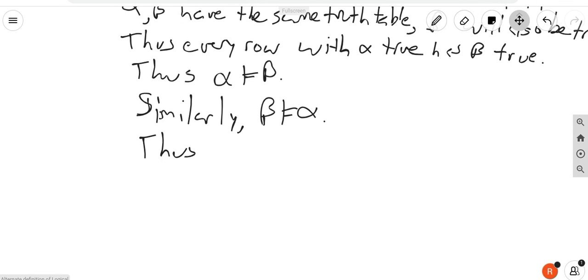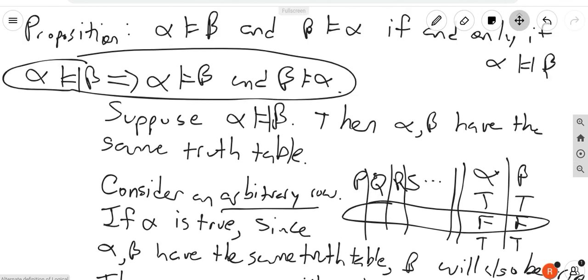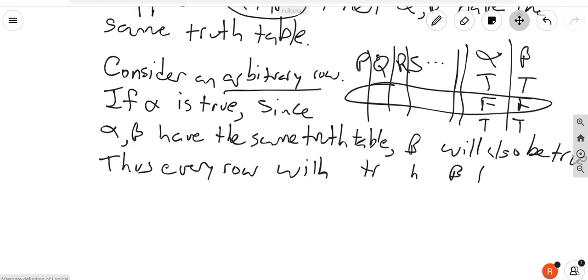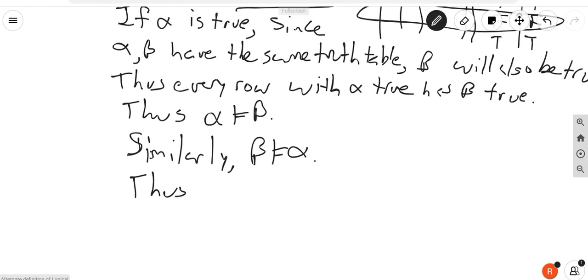And that's exactly what we did. We supposed the logical equivalence, and we went ahead and we deduced that beta semantically entails alpha, and alpha semantically entails beta.